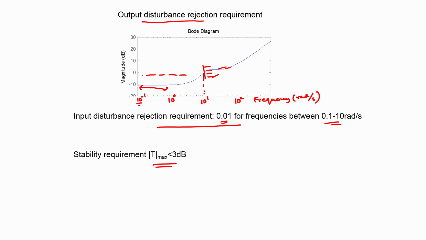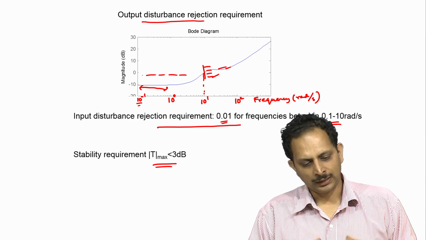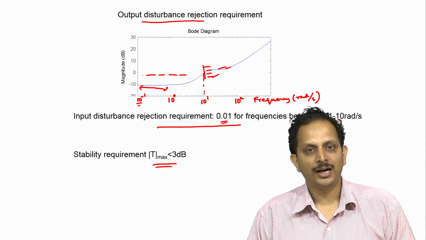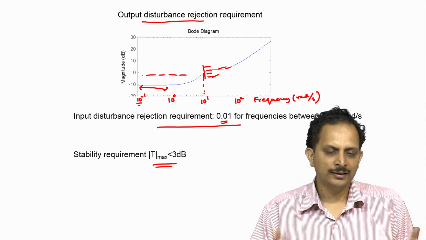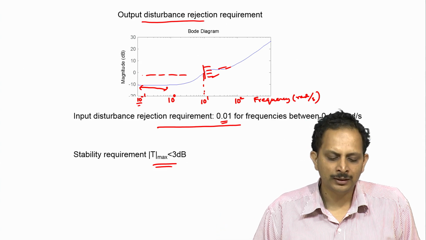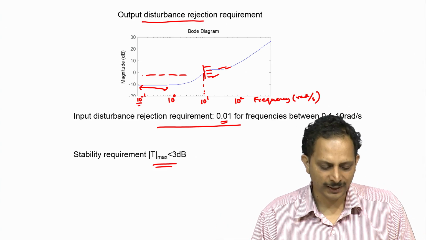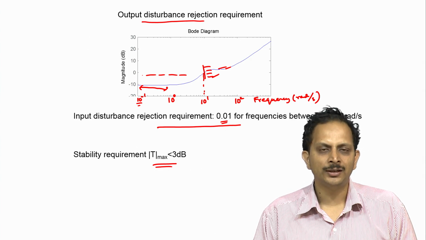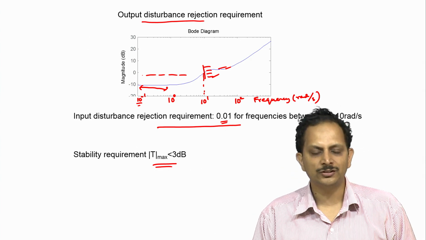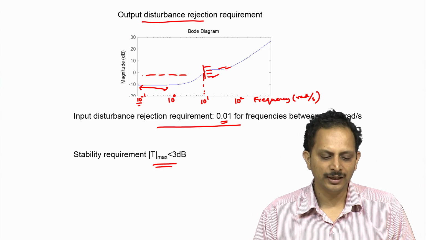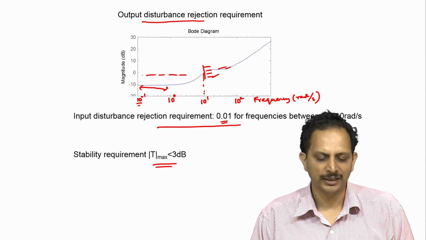So we pick as part of the first step a few frequencies of interest to us in terms of output disturbance rejection and input disturbance rejection, and these frequencies therefore have to be between 0 and 10 radians per second. As far as stability is concerned, we have to pick a few more frequencies that are outside 10 radians per second for reasons that we will get to in a minute.